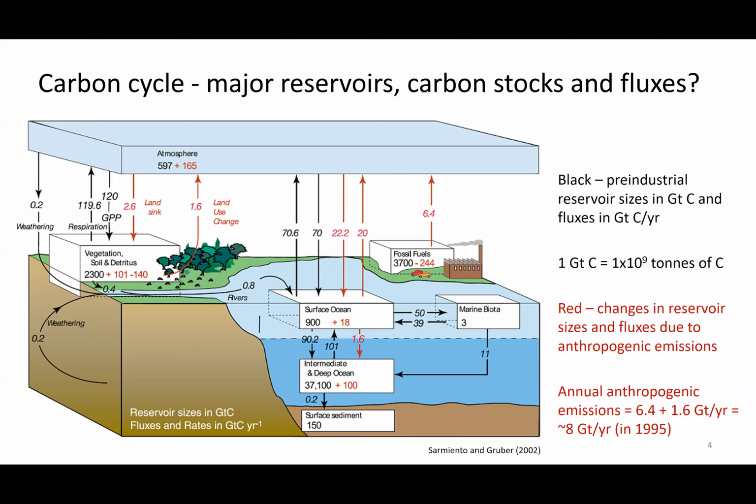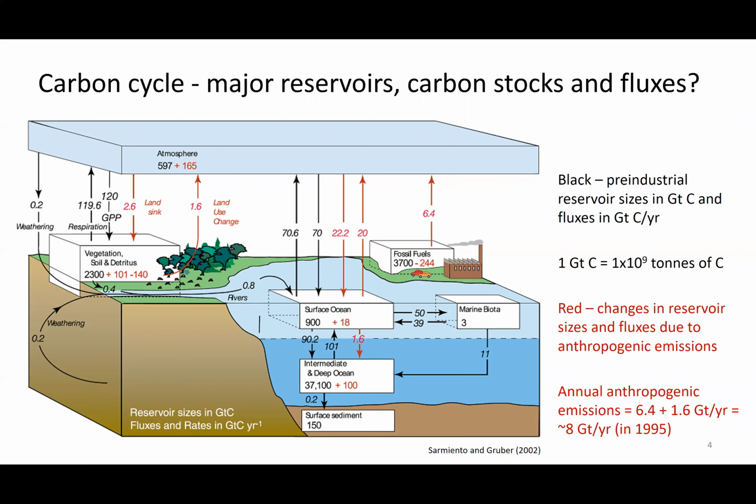The red numbers are the changes in the reservoir sizes and fluxes due to anthropogenic carbon emissions, CO2 emissions. So they're the additional amounts of carbon that are in the reservoirs that have been put there since pre-industrial times, and the red arrows represent the increases in the fluxes.